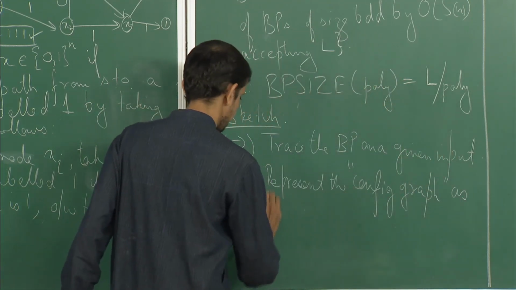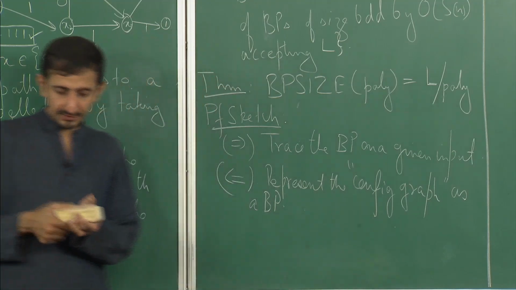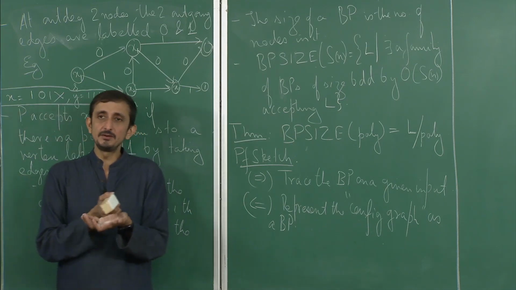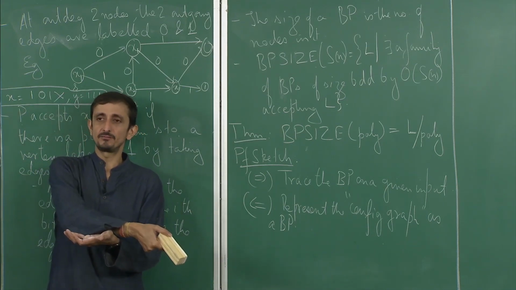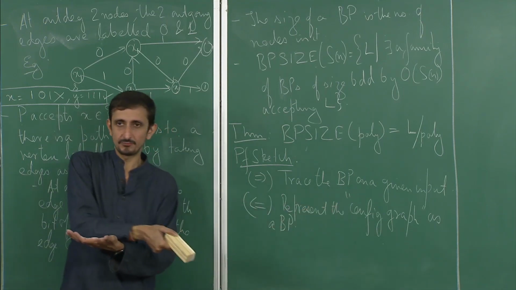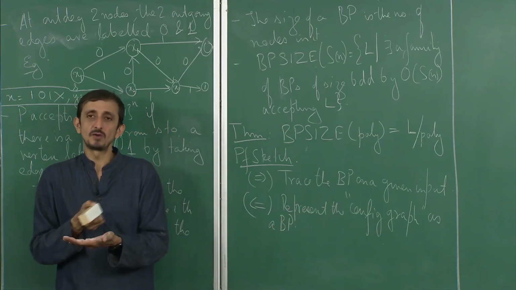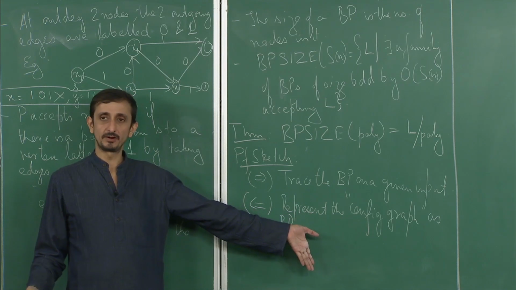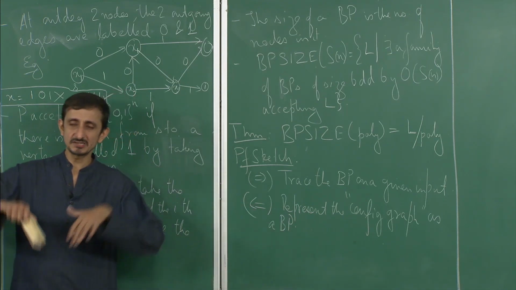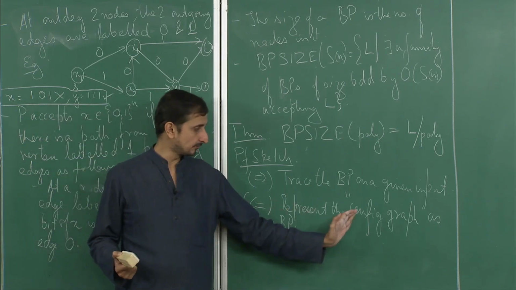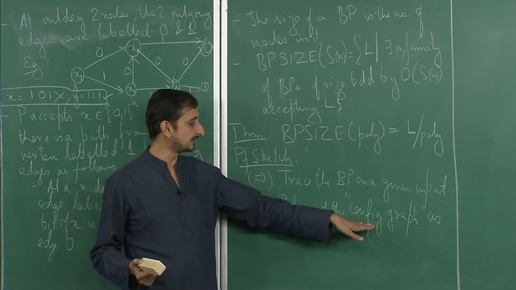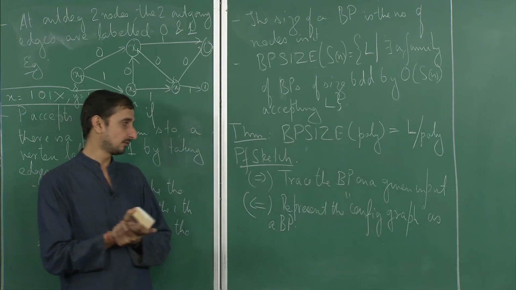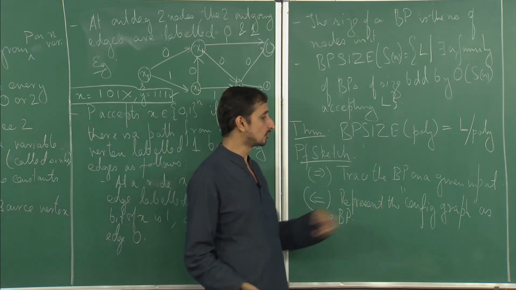Now at every node you take two choices: if that input bit was 0, which node of the configuration graph you go to, and if that bit was 1, which node you go to, and that is exactly the design of the branching program. Now the size of the branching program will be at most exponential in the space used by the workspace of the log space machine, which is polynomial, or the total number of nodes in the configuration graph.